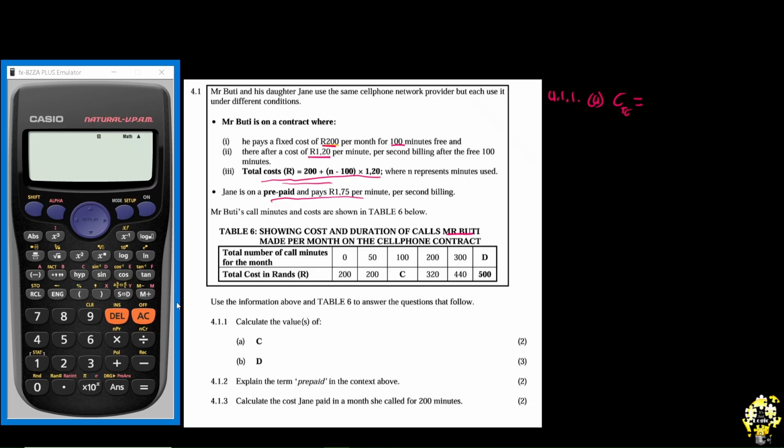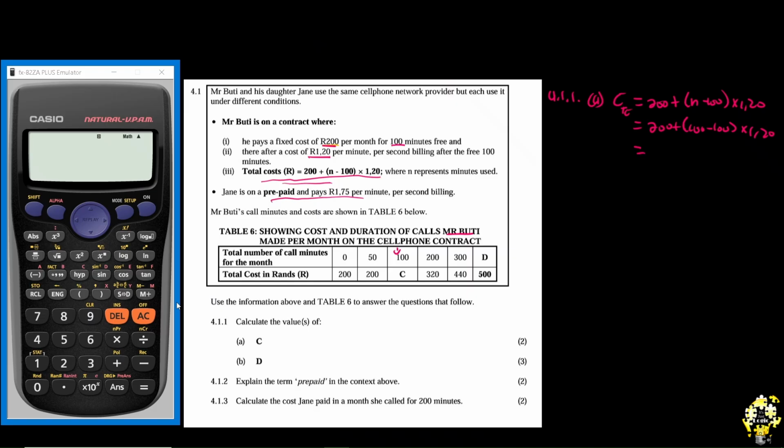So the value of C is the total cost formula for Mr. Booty, which says 200 upfront, we don't care, plus n minus 100, which we are giving you for free, we do care, multiplied by 120 cents when you are done using our free minutes. How many minutes have we used? This is the number of minutes. As you can see, it's 100. So we are saying 200 plus open bracket, 100 minus 100, multiplied by 1.20.